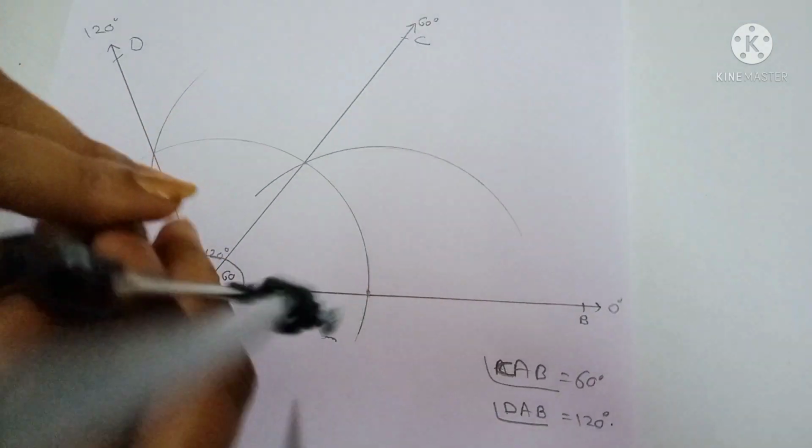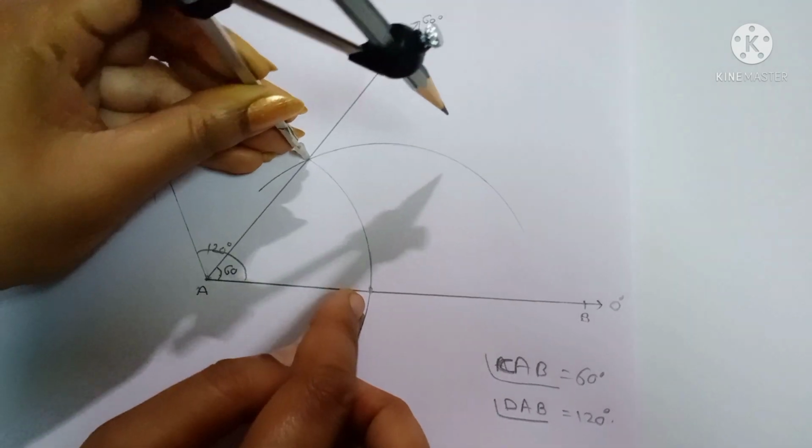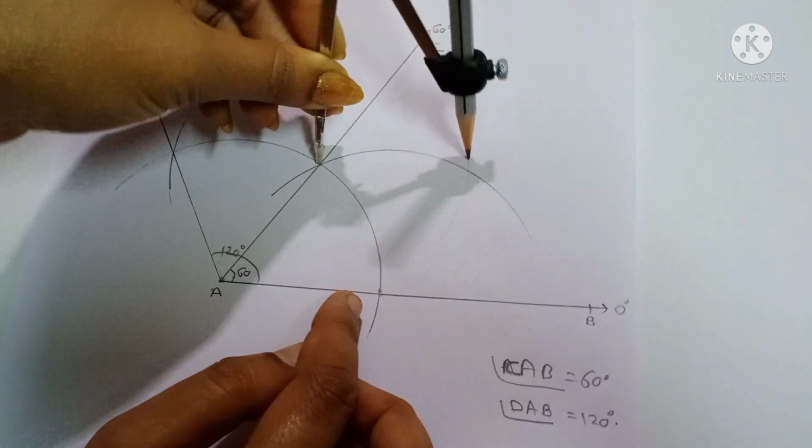We draw one arc from this point, another arc from this point, like this.